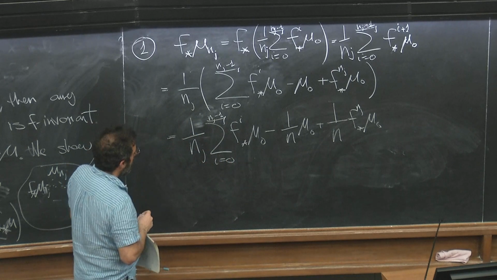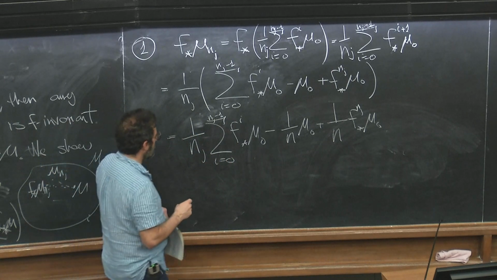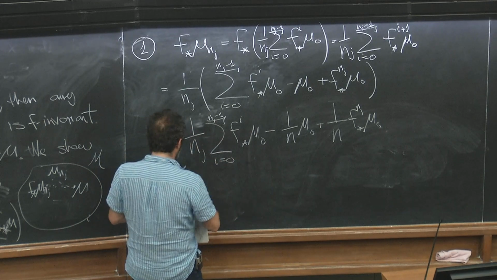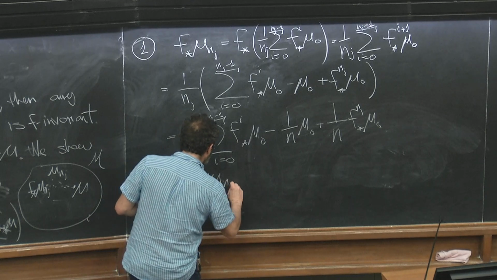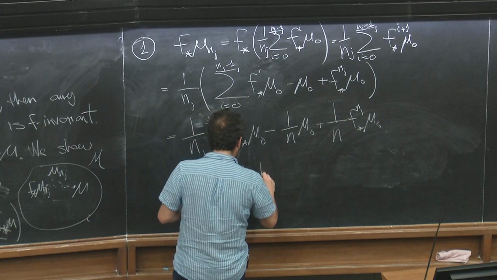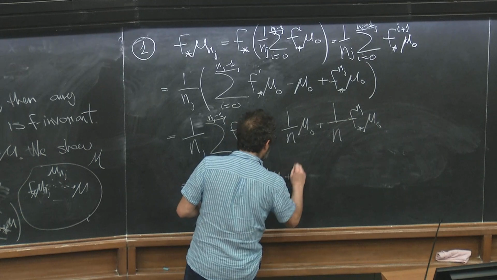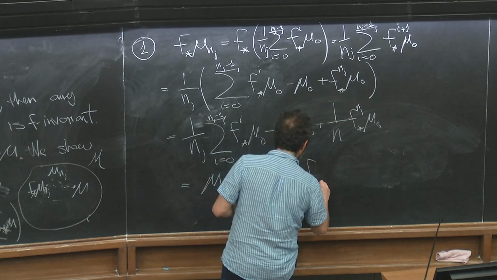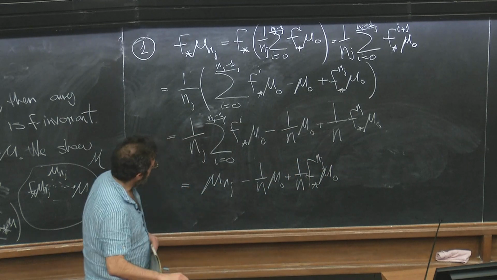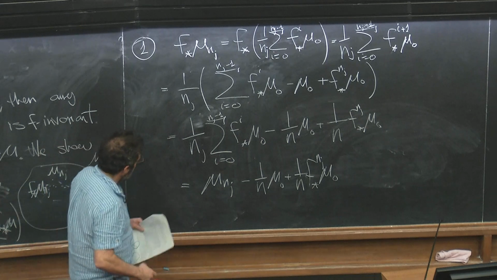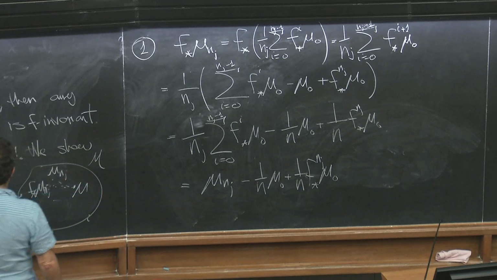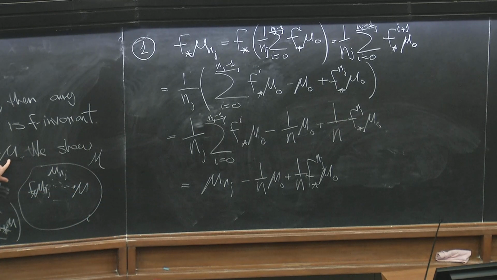And now, as nj goes to infinity, this is exactly mu nj minus 1 over n mu 0 plus 1 over n f star nj mu 0. And so this mu nj by assumption converges to mu, right?